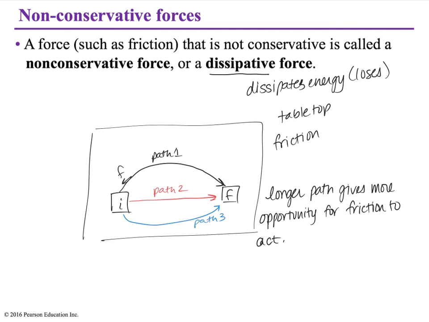If you rub your hands together, there's friction between your hands, and your hands start to feel warm. And that's exactly what happens when friction acts. The energy that used to be in the system is lost to heat. And so energy actually ends up getting lost. And so the longer the path, the more energy is lost.